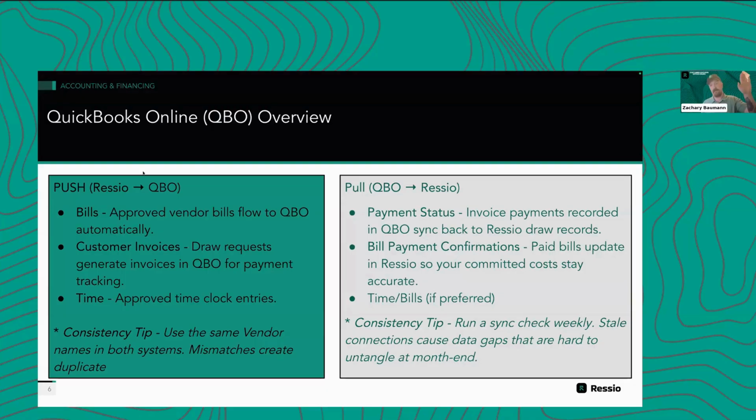So you could enter a bill into Ressio, push it over to QuickBooks, cut a check or make an ACH payment or credit card payment, and then the bill in Ressio will be marked as paid when that refreshes again. A customer invoice can be created in Ressio, sent out to the customer, and also pushed to QuickBooks. It could be paid through QuickBooks. Maybe you receive a check in that instance, and that payment record will pull back to Ressio as well.